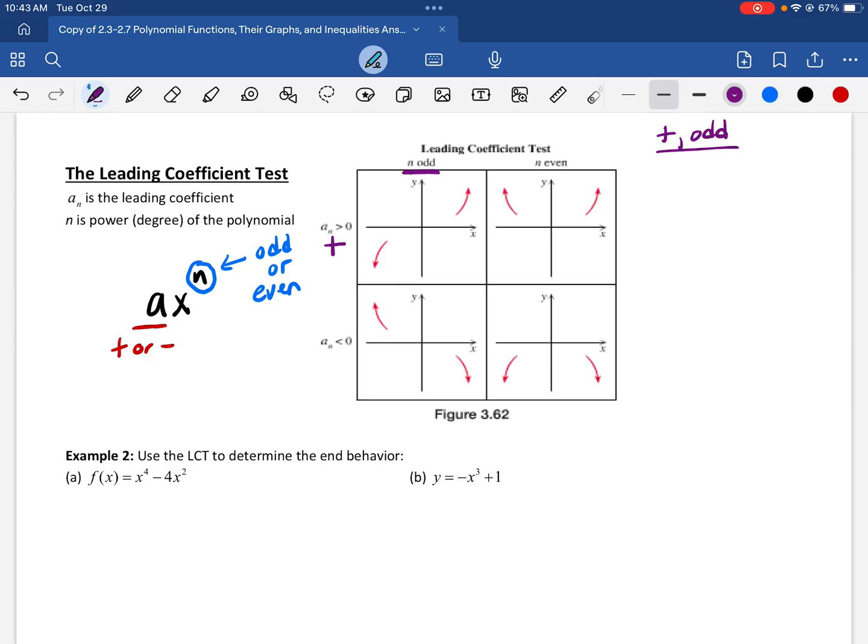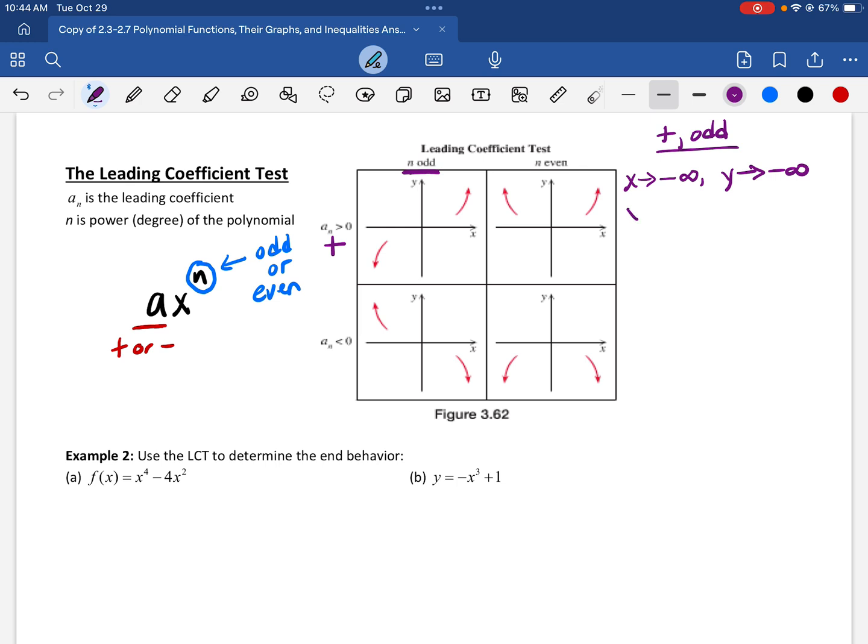The one on the left is pointing down, the one on the right is pointing up. For end behavior, we're describing what the x's and y's are doing from the left to the right. So on the left-hand side, our x's are always going towards negative infinity. Because on that left side of this first graph it is pointing down, that tells me the y is going towards negative infinity.